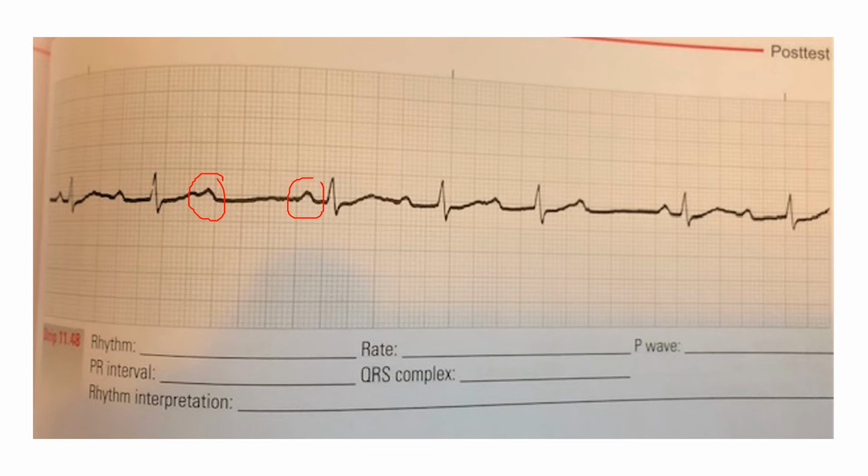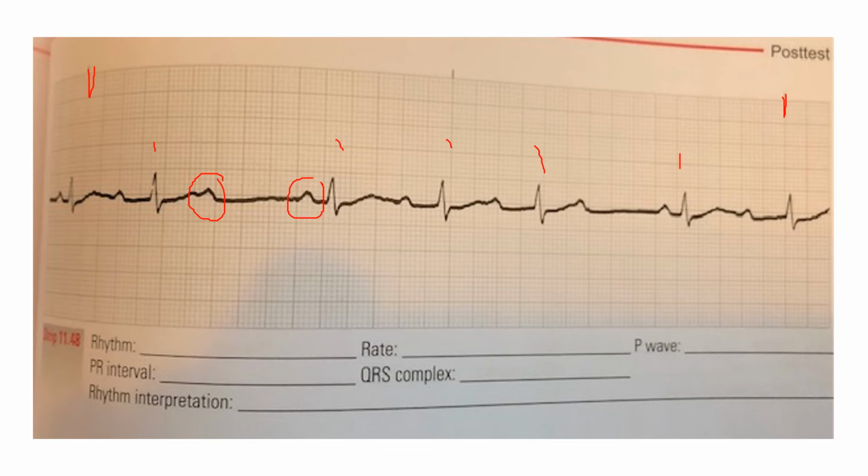It's irregular, so it's about a heart rate of 50, 60s. I know in the book it said 79, but if it's irregular, you're not going to use the small box conversion table. You're going to count how many beats are in the 6-second strip. You have 1, 2, 3, 4, 5. So we have 5 beats, so your heart rate would be about 50.